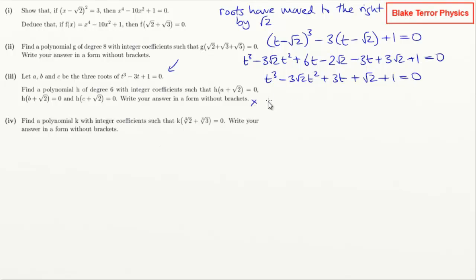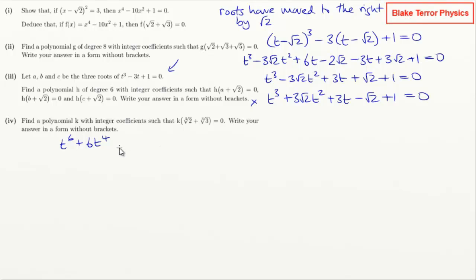So I want to multiply that by t cubed plus 3 root 2 t squared plus 3t minus root 2 plus 1. Right, so another messy looking thing to deal with, but still. So I'm going to get t to the 6, then I don't have to worry about t to the 5s, but then I'm going to have 6t to the 4.